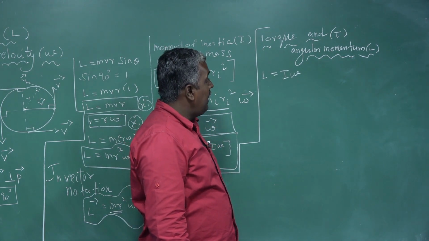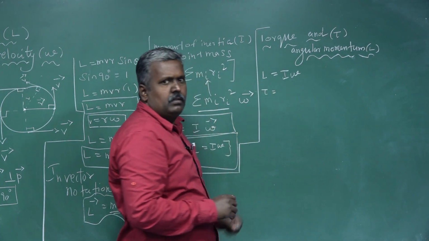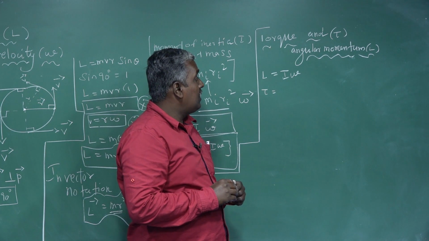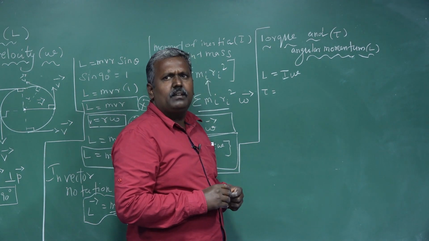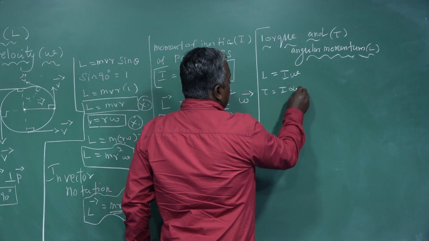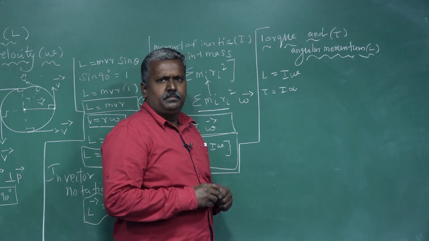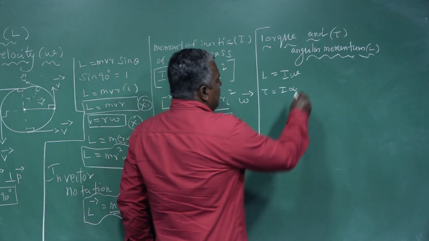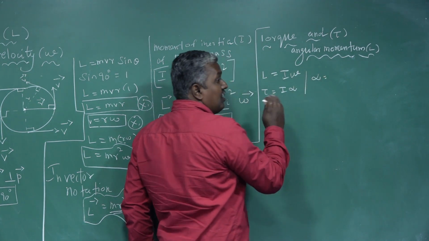Already you have studied the relation between torque and angular acceleration: tau is equal to I alpha. Here alpha means angular acceleration of the rigid body.